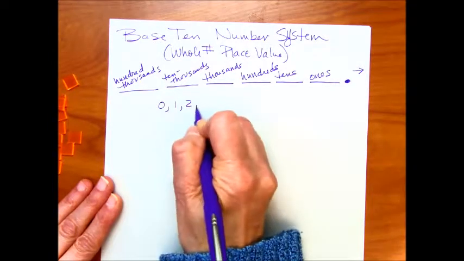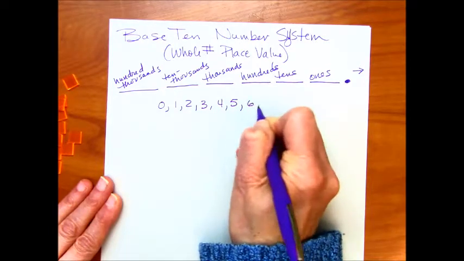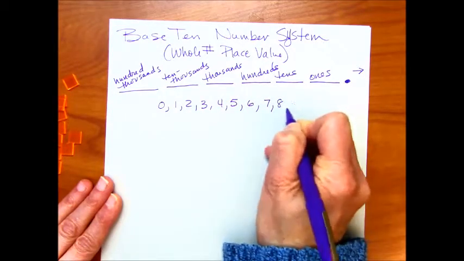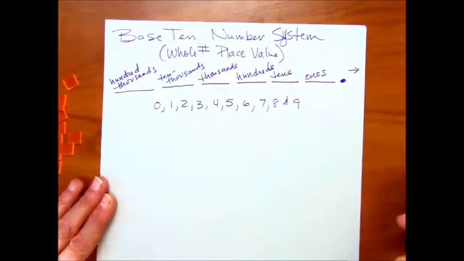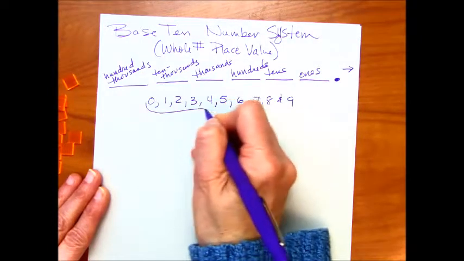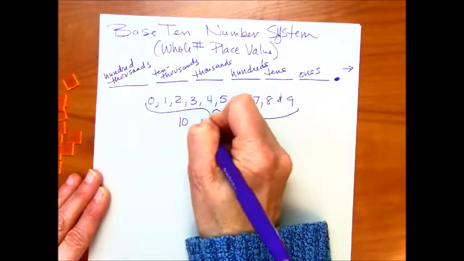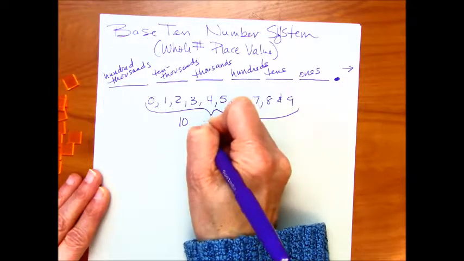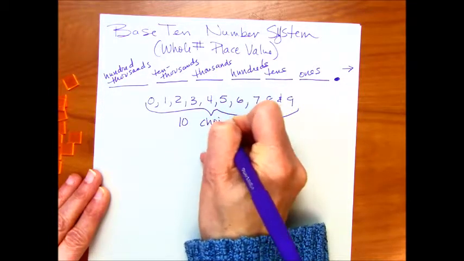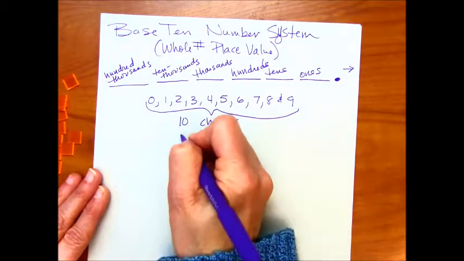So 0, 1, 2, 3, 4, 5, 6, 7, 8, and 9. Those are our 10 choices. Notice that they're all one-digit numbers.